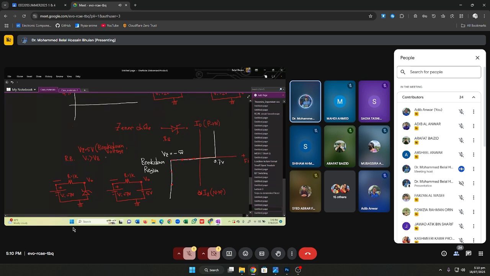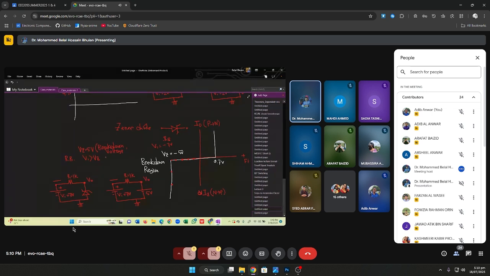But if you apply a voltage such that the Zener diode is reverse biased, but the voltage is bigger than a certain value, let's say VZ is -5. Now if we apply VI equal to -7 volt, in magnitude VI is 7 volt and VZ is 5 volt. That means I apply a voltage more than 5 volt.